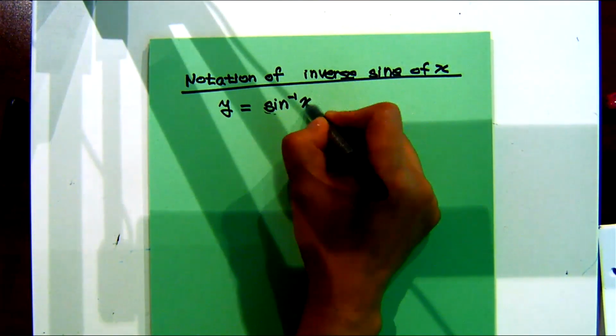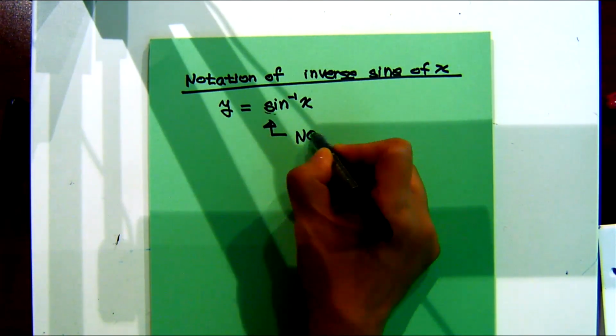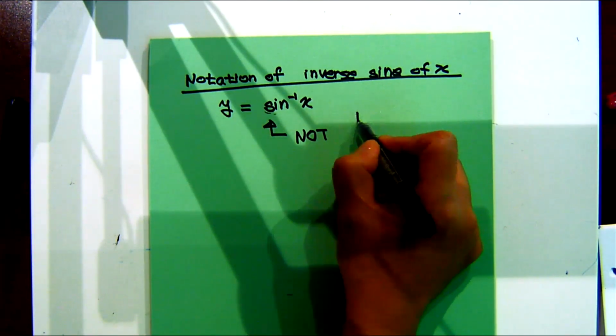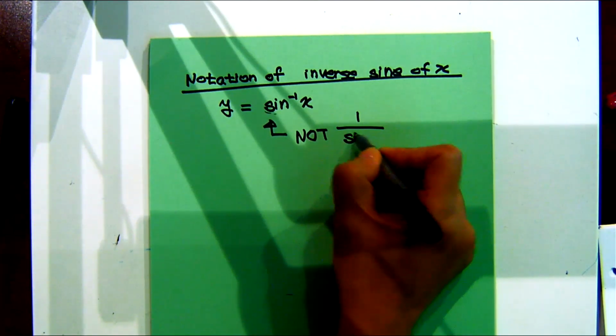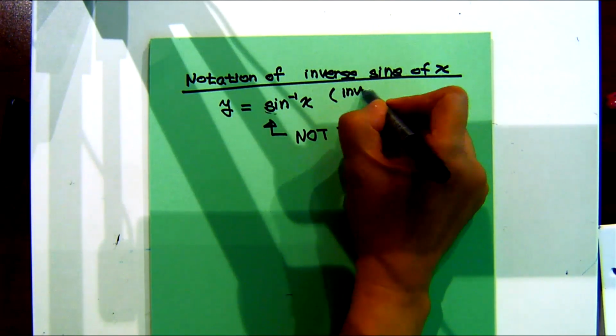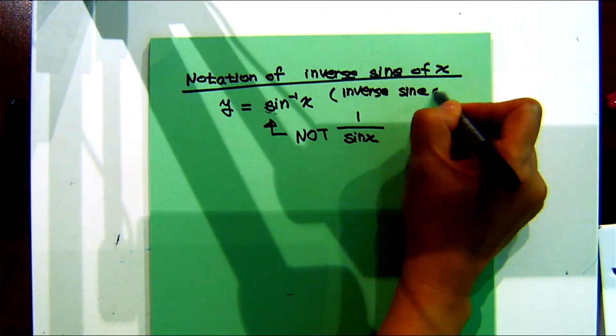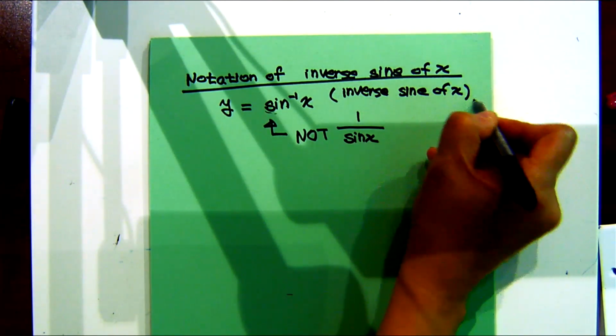Say sine inverse of x. And what I was saying was that it doesn't mean 1 over sine of x. This one is the inverse sine of x.